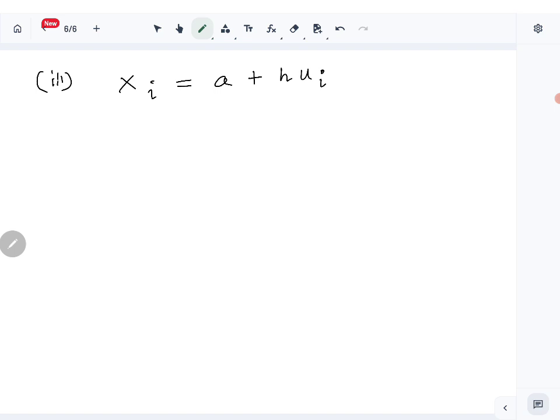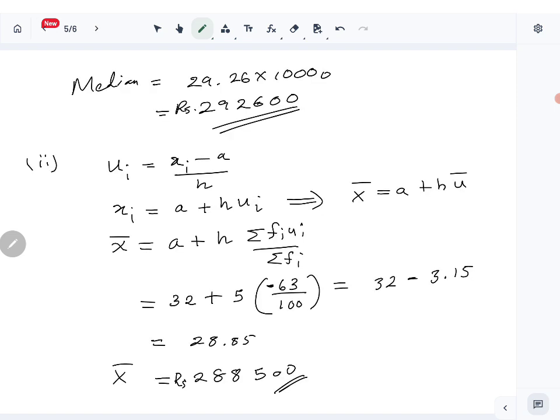Then sigma squared of x would be h squared times sigma squared of u, so sigma x would be equal to h times sigma u. So we have to find sigma u first.